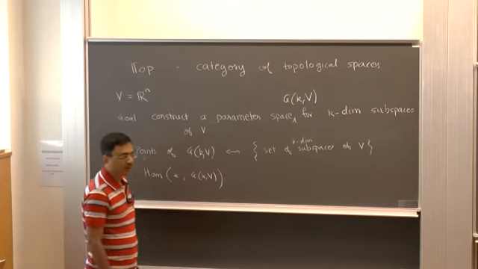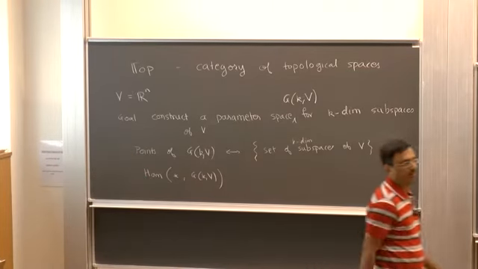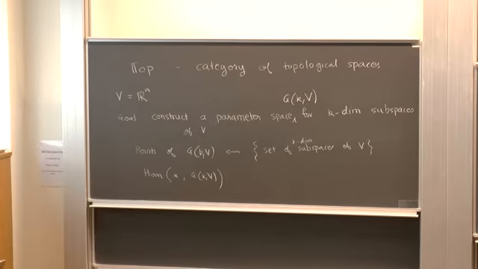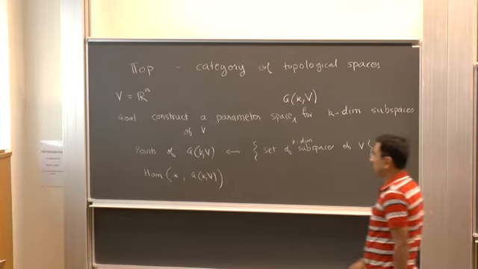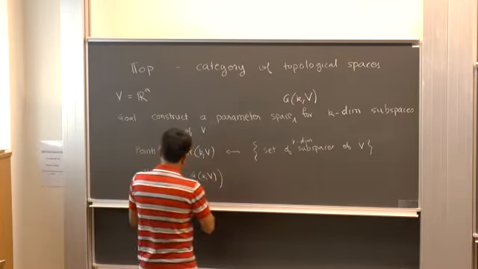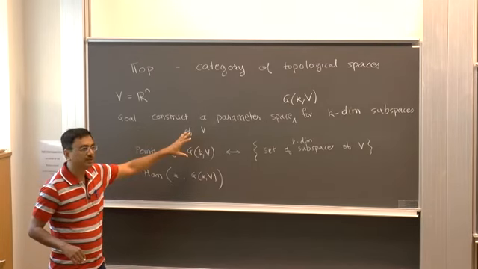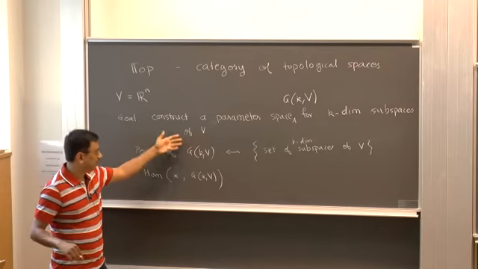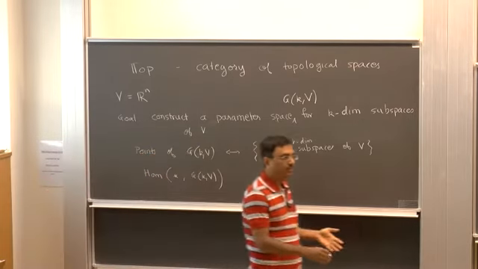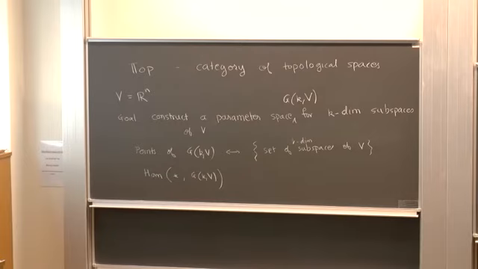Star is the topological space which has just one point, and there's just one possible topology on this. So points of a topological space are in natural bijection with maps from star to G_k(V).